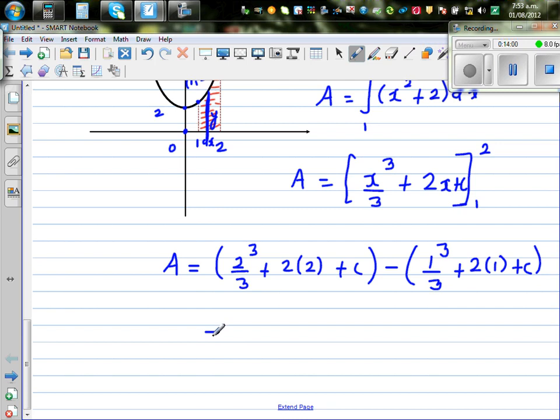So this is 2 cubed, which is 8 over 3 plus 4 plus c, minus 1/3 plus 2 plus c. Can you see the constant of integration gets cancelled in definite integration?